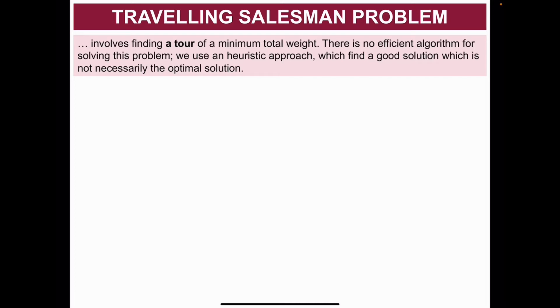That's why solving this problem involves finding a tour of minimum total weight. However, there is no efficient algorithm. What we can do though is to find the upper and lower bounds, which will give us the interval where the optimal solution happens to be.